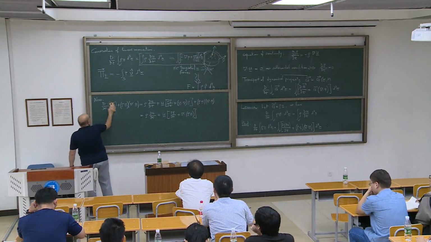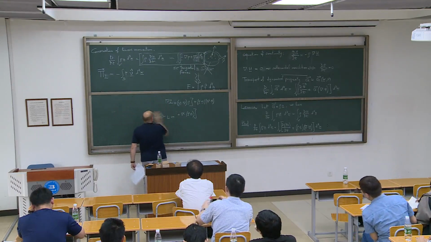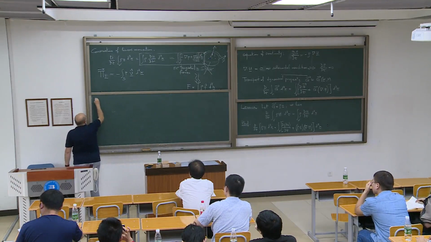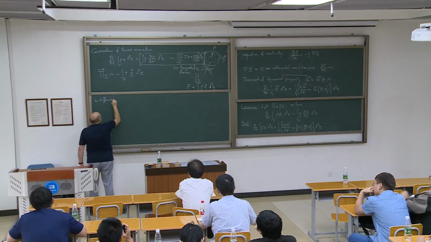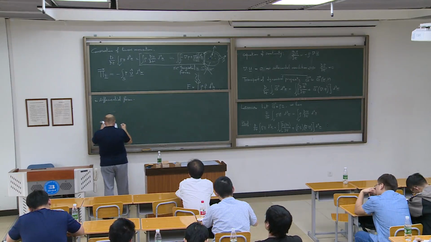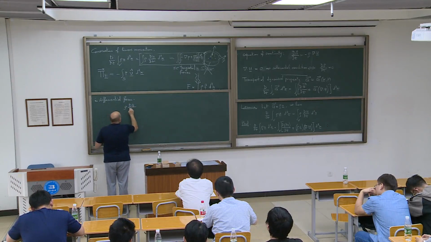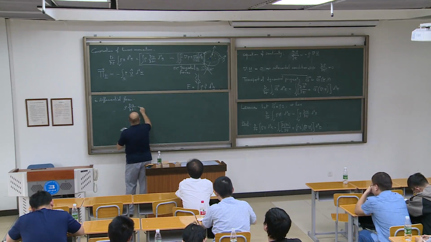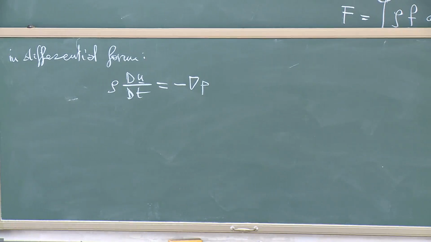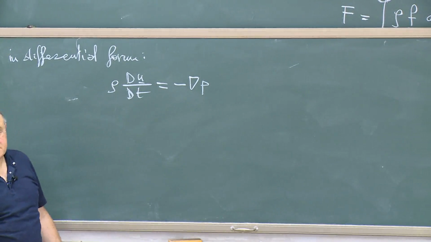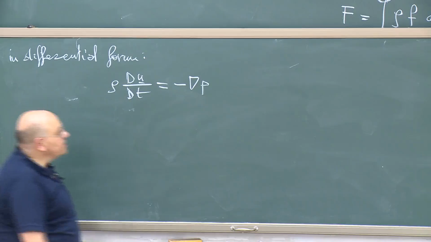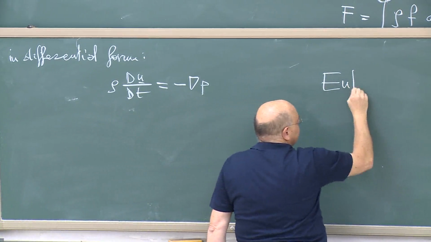So conservation of linear momentum in differential form gives the equivalent: rho du/dt equals minus grad p, and then we can put gravity or some other forces. If I stop here, well, this is a pretty famous equation. This is exactly the Euler equations.